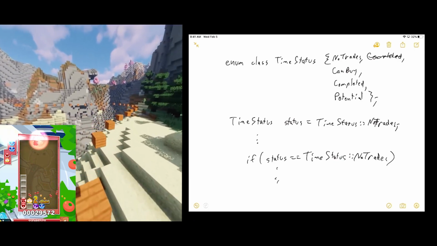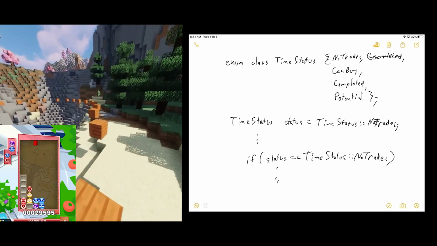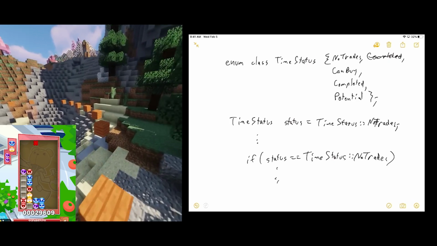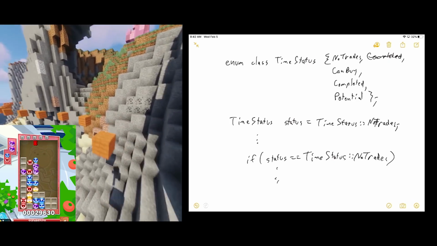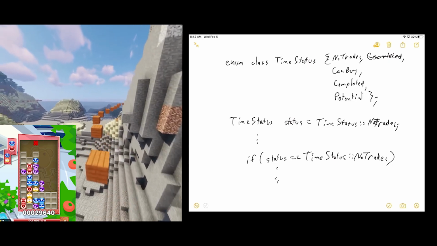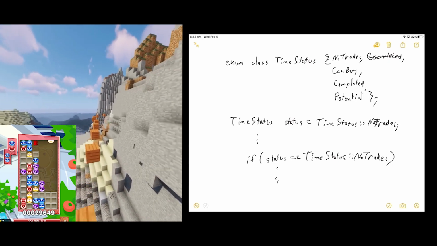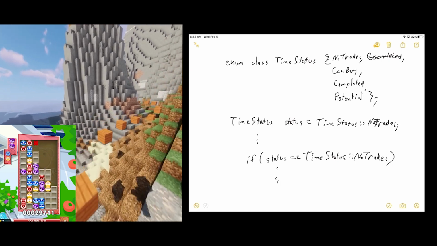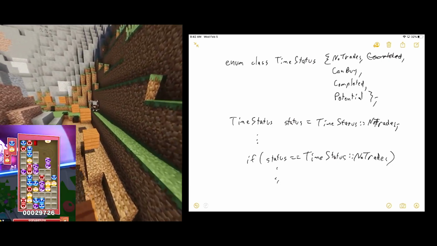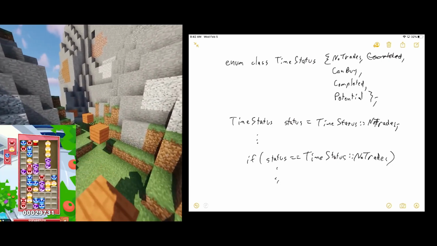Sure. You could read my code and I could say, if status equals 47,423,000. It means nothing to you reading it. You could use a character like N or C, and that's a little bit better, but the enumerated type makes it really, really clear what it is that you're doing and makes it very easy to read.